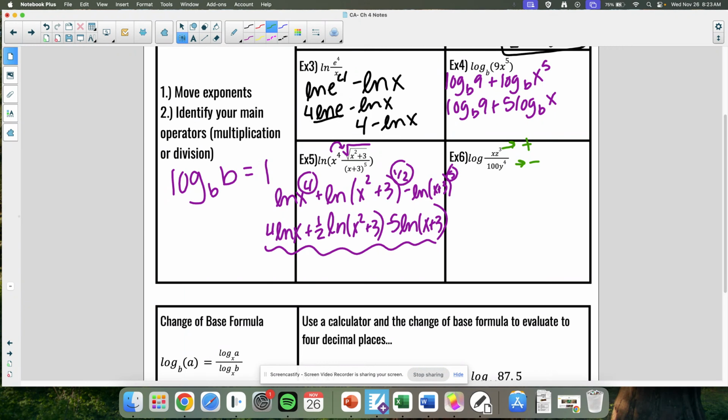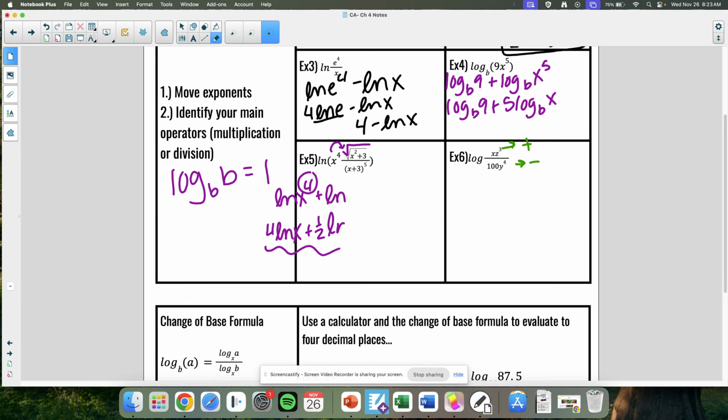So when I split this, I'm just going to jump into the answer. I'm going to erase this. All right, so up top, we have log of x. What's the other piece that's multiplying up top? The z. So then it'll be plus log z to the 3rd.